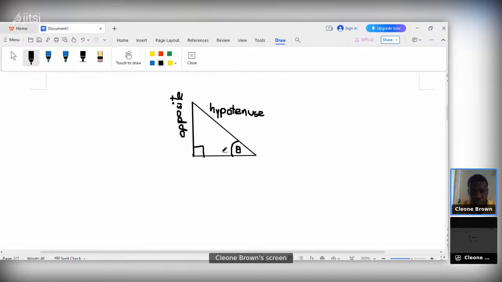So the longest side would be the one facing it. Then the side which has the two angles beside each other, the reference angle and the 90-degree angle, this line joins both of them together, and that's called the adjacent line, because it has two angles, one on either side.